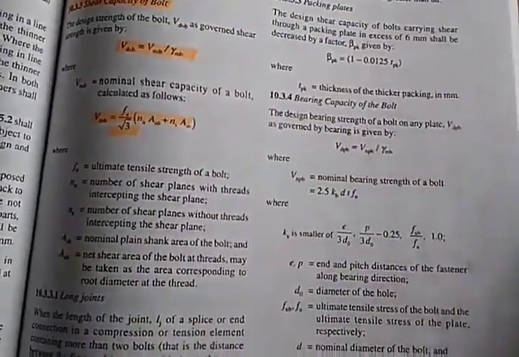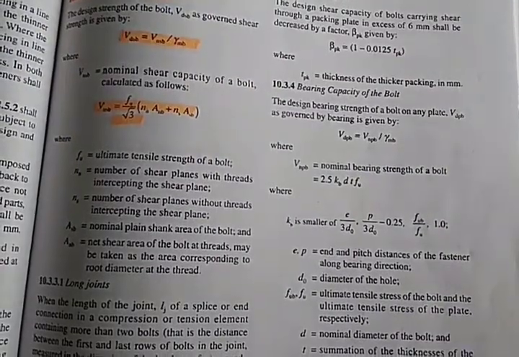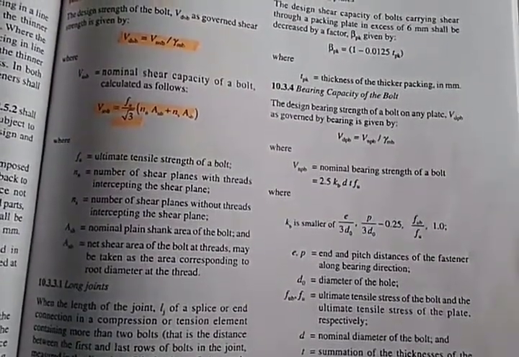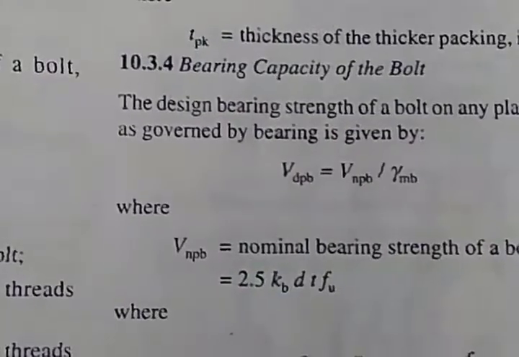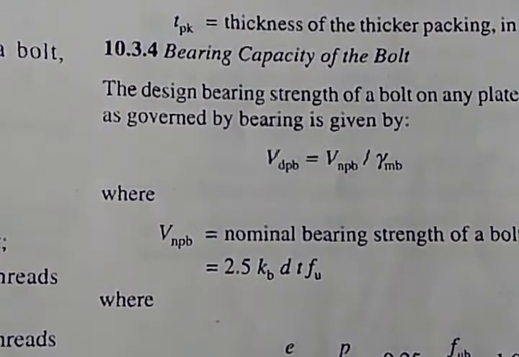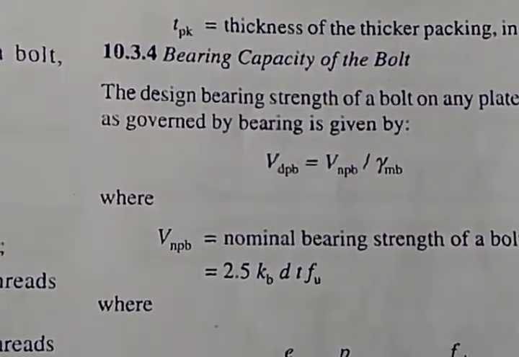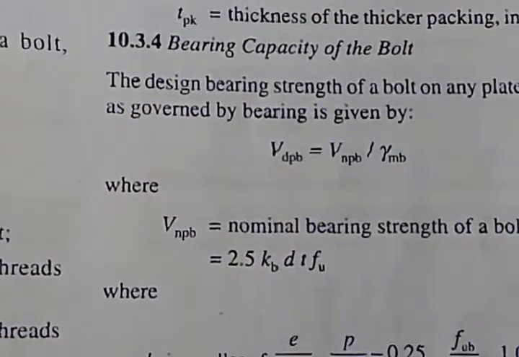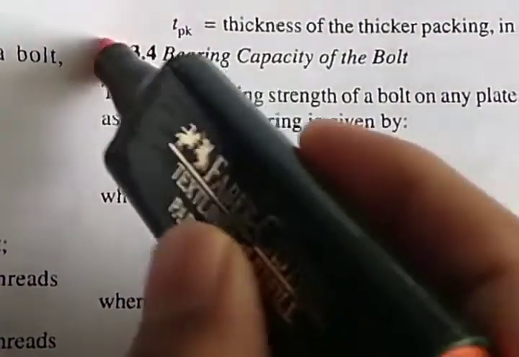So now if you look here, that is the IS code clause 10.3.4, bearing capacity of the bolt, which is the design bearing strength of a bolt on any plate as governed by bearing, and that is given by this formula.